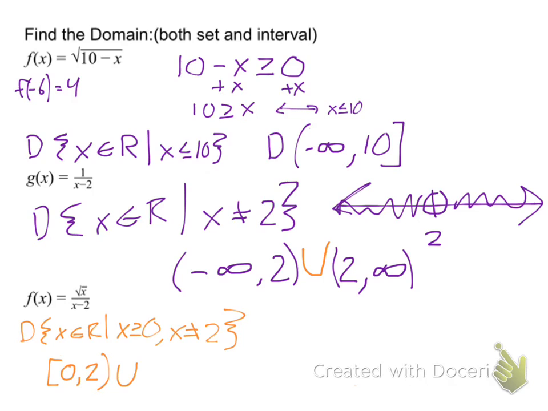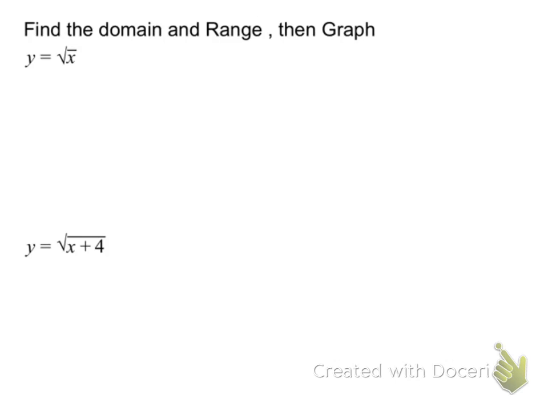Bracket, U. What's next? Parenthesis, 2, comma, infinity, parenthesis. I'm just linking a couple of them together. Not so bad, is it? Very logical. I'm going to skip over this.